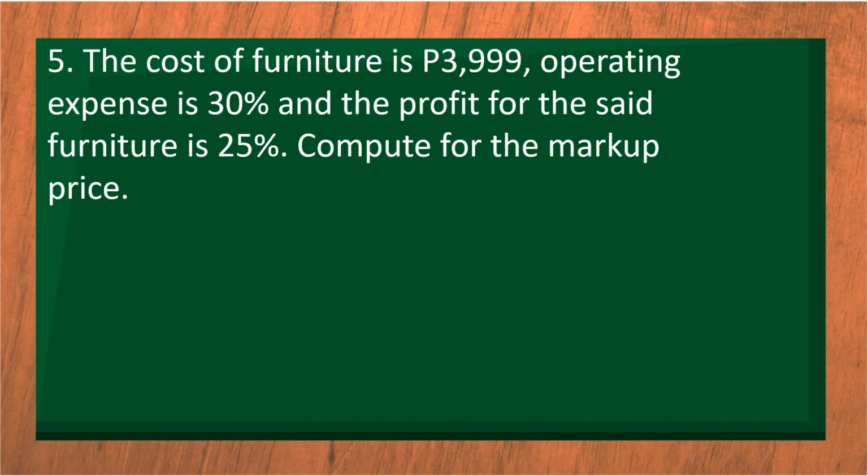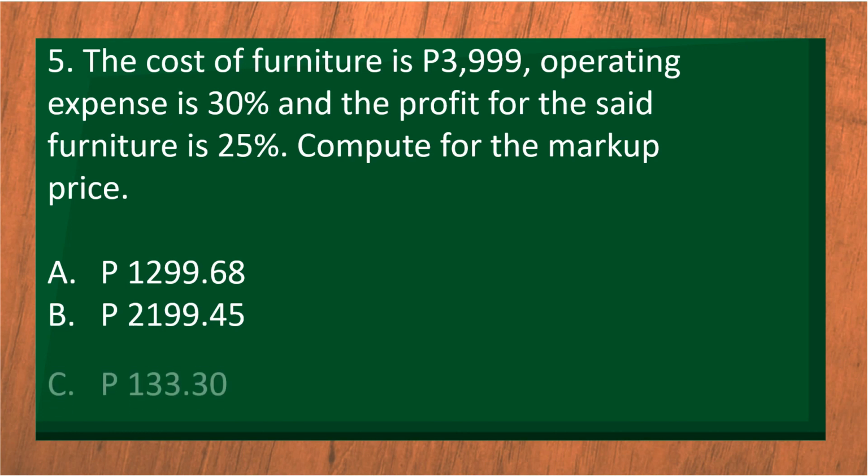Number 5. The cost of furniture is 3,999 pesos, operating expense is 30%, and the profit for the said furniture is 25%. Compute for the markup price. Letter A, 1,299.68 pesos. Letter B, 2,199.45 pesos.